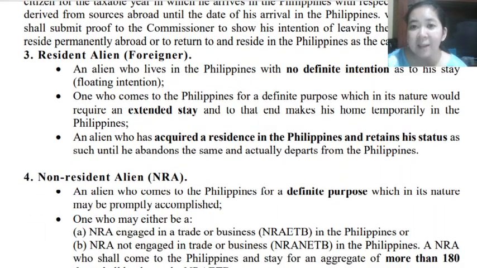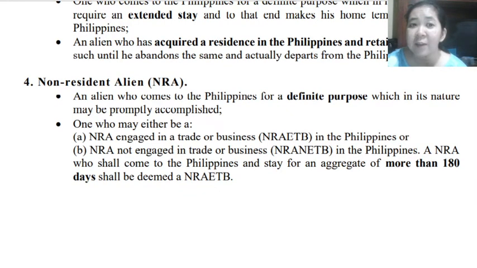Resident alien, you are a foreigner but you are living here in the Philippines for a longer period of time or most of the time during the taxable year. Non-resident alien, you are a foreigner and your purpose of coming here in the Philippines is not to live here but to do business, or not to engage in business but to be a tourist, for example.